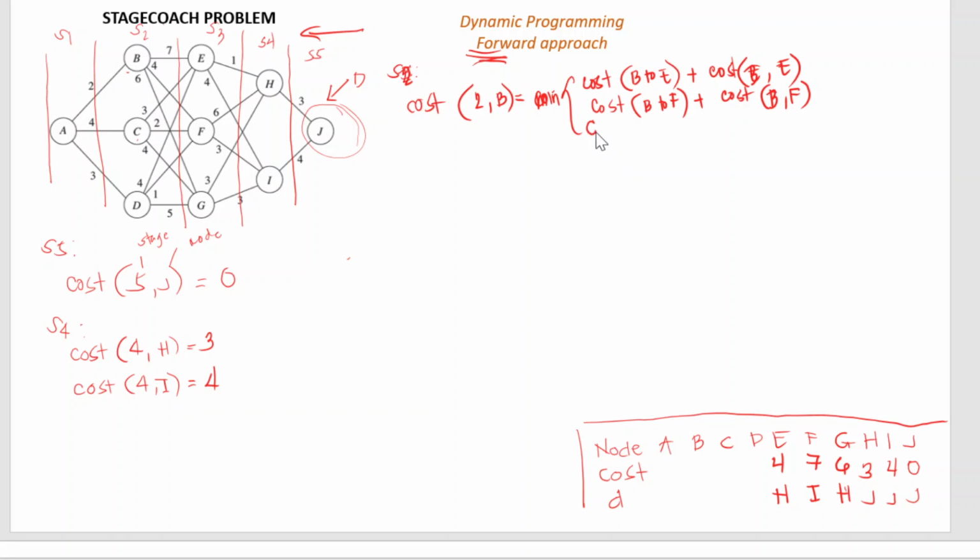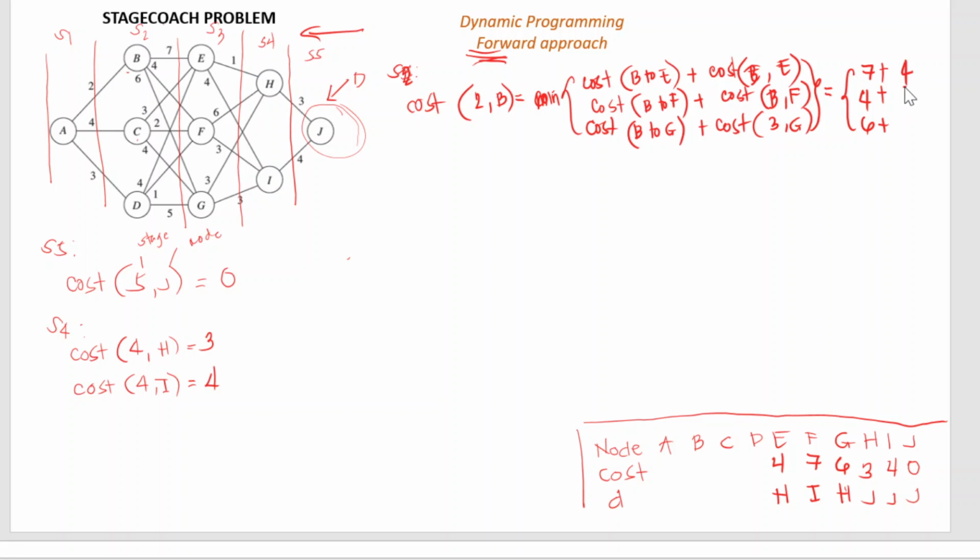Then cost of B to G plus cost of 3G. So let's try to get the values. I would be getting all the values. B to E is 7, B to F is 4, B to G is 6. Then I'll be getting the cost of E, F, G here down: 4, 7, 6.